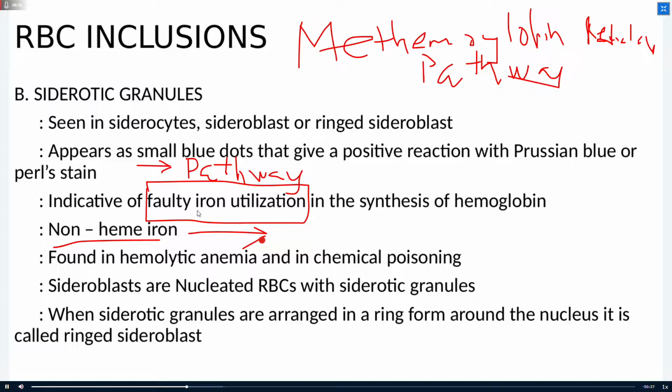Uy, anong klaseng iron yan, class? Non-heme iron. Come on.